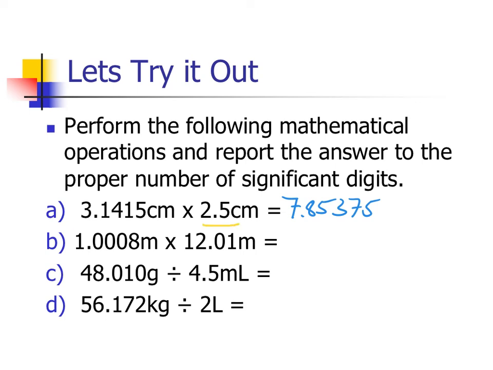That one only has 2. Therefore, that number needs to be rounded to be 7.9. But here becomes the confusing part sometimes. Centimeters times centimeters is centimeters squared. Just like in math, x times x is x squared. Same thing works with labels.